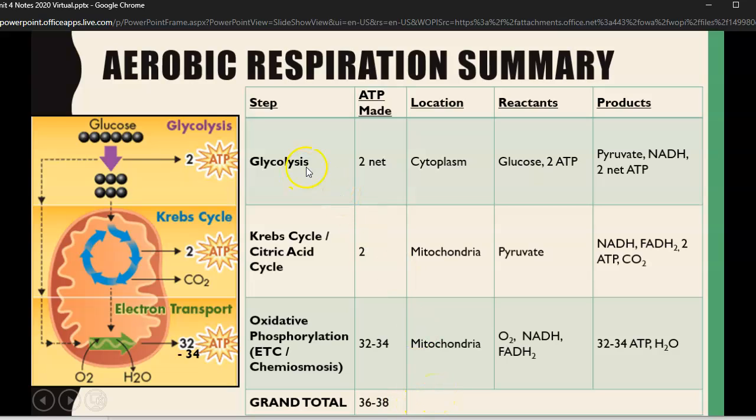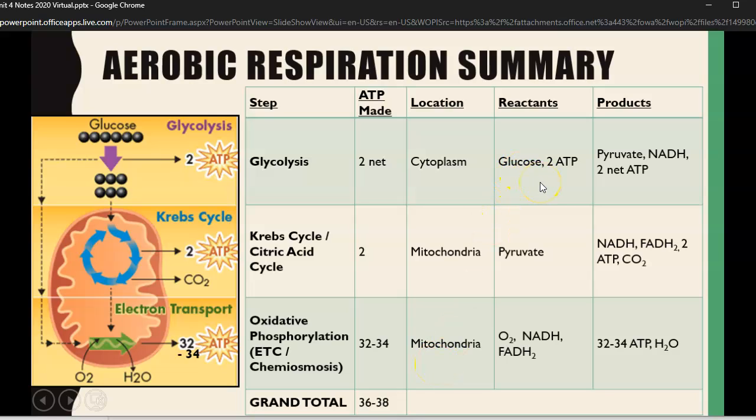The location: remember glycolysis is in the cytoplasm and the other 2 are in the mitochondria. If you want to be more specific, the Krebs cycle or citric acid cycle is in the matrix, and then you have your oxidative phosphorylation, which is the electron transport chain, and that is on the cristae of the inner membrane. So that's your folds.